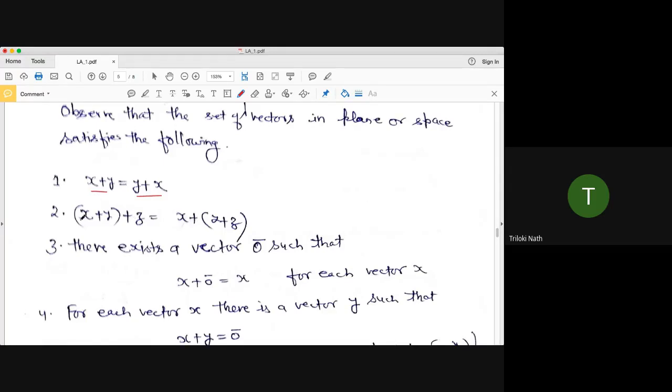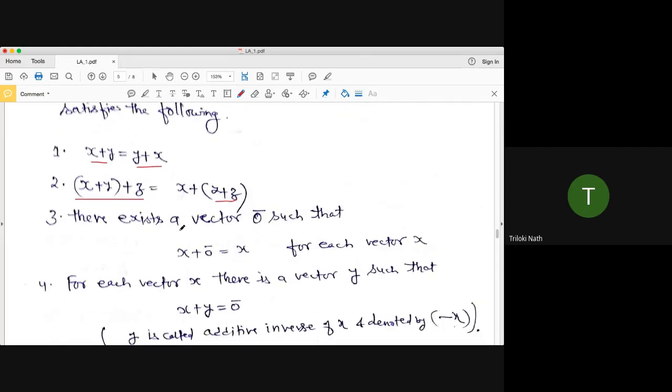That means associating first x and y and then z is the same as associating y and z and then adding x. So this is called the associative law. It means don't change the place of the terms. You are just associating the first two or the last two, it does not matter, the result will be the same. So that is called the associative law.